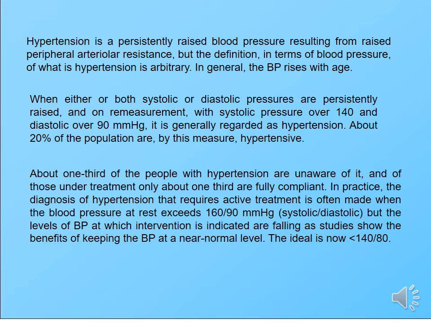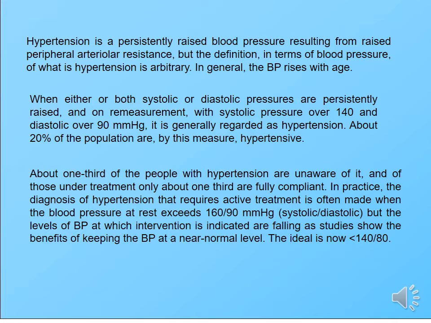About one-third of people with hypertension are unaware of it, and of those under treatment only about one-third are fully compliant. حقيقة ثلث الذين عندهم hypertension وما يعانون من أي أعراض، والثلث اللي هم يأخذون علاج.